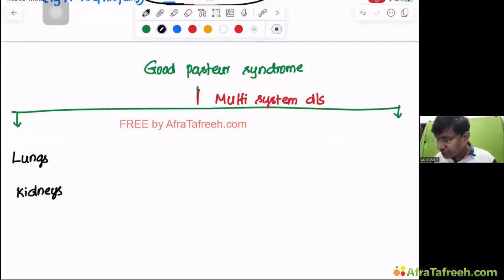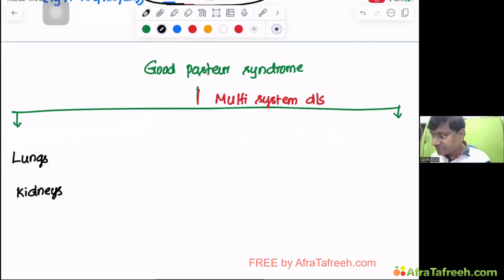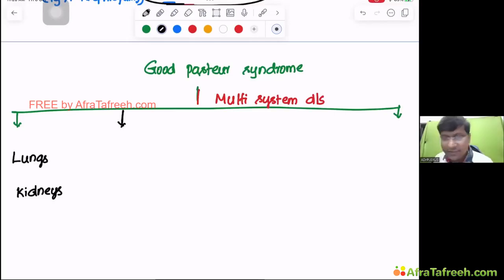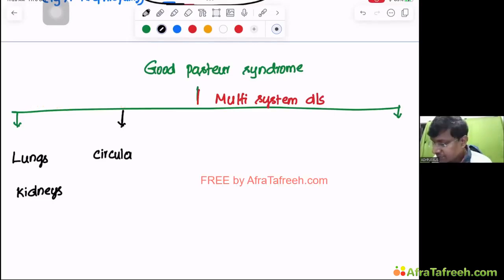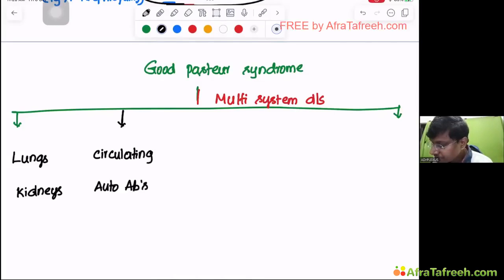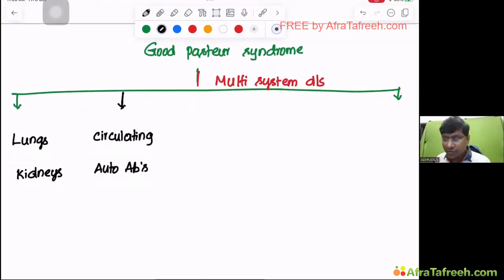These are the two important organs affected in Goodpasture syndrome. And how is it described? It is antibody mediated, right? So here in Goodpasture syndrome, you have circulating autoantibodies.